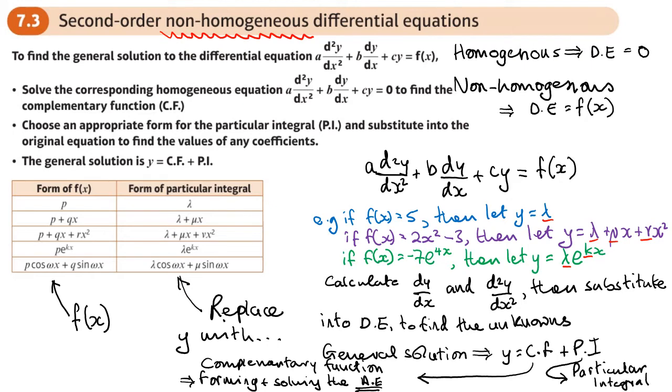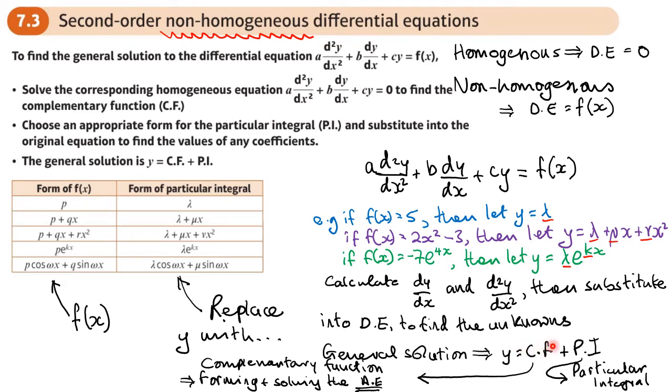And a particular integral is what we get when we find these unknowns. So when we have a non-homogeneous differential equation, our solution comes in two parts.